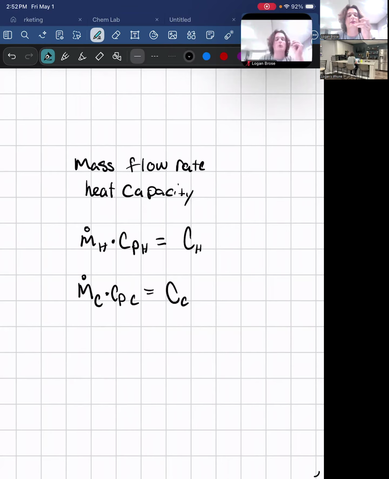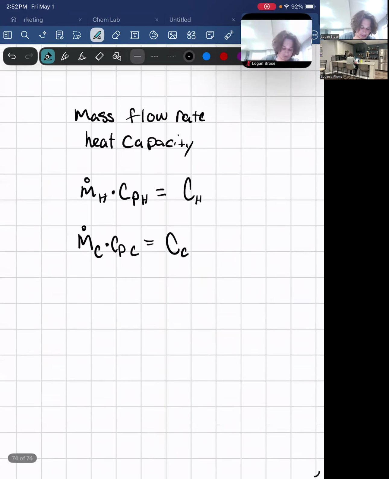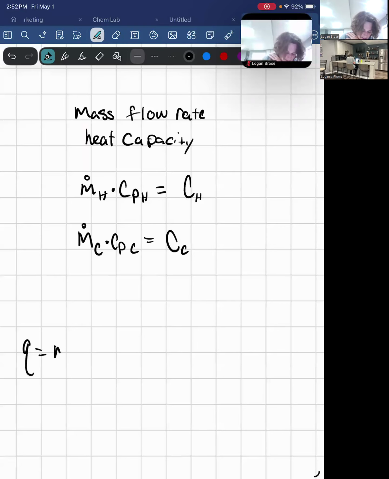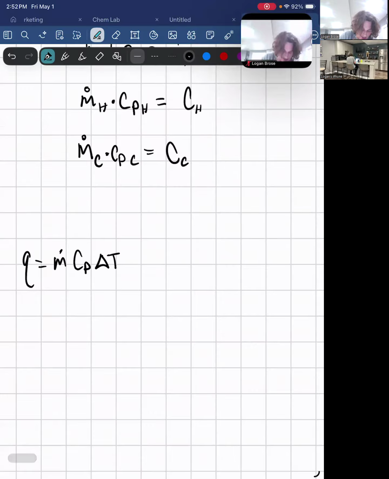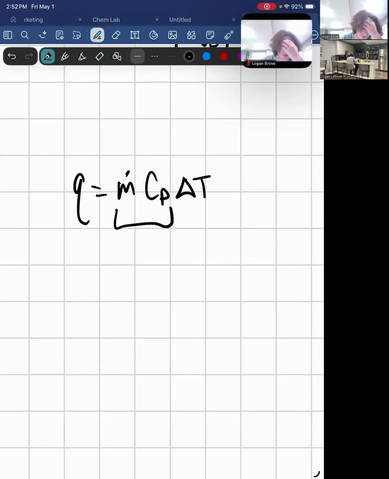When we're looking at this, we can remember something from Gen Chem, which was Q equals m c delta T: the mass flow rate times the heat capacity times delta T. If we look at this, this is just that but unspecified. So in our terms here, we can rewrite these, first taking the derivative, so dq equals m cp delta t.